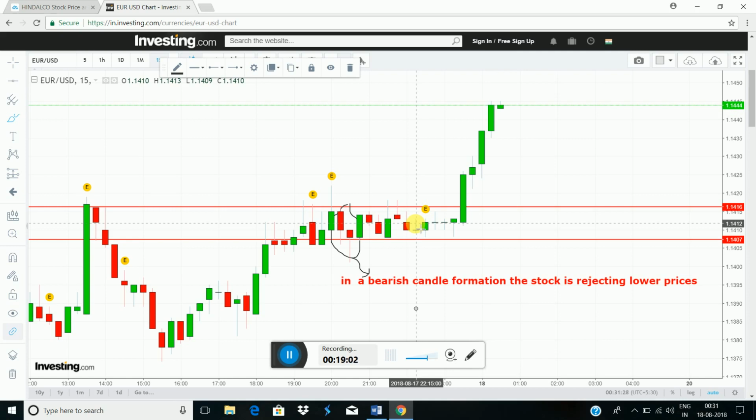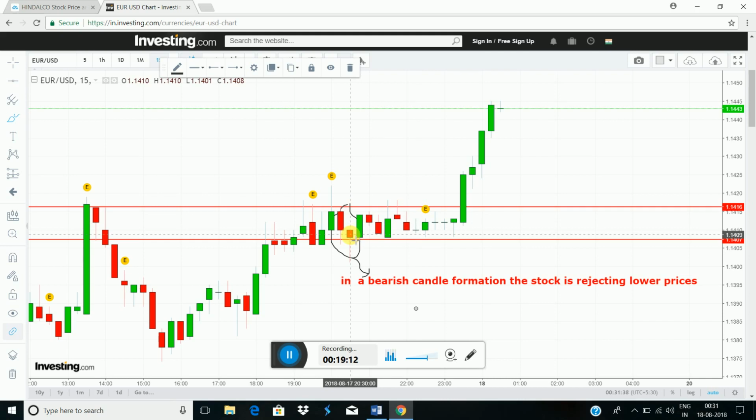Now, just think logically, isn't that a very bullish sign? We have a hammer over here, which in itself is very bullish, and it is a red hammer. So the nature of the candle is bearish, but the momentum, the strength is bullish.